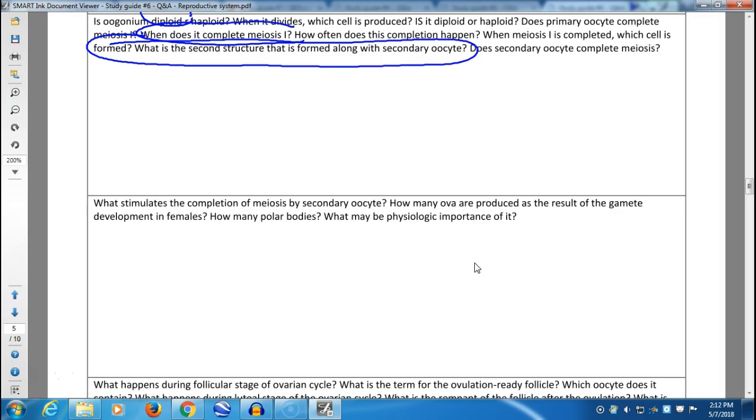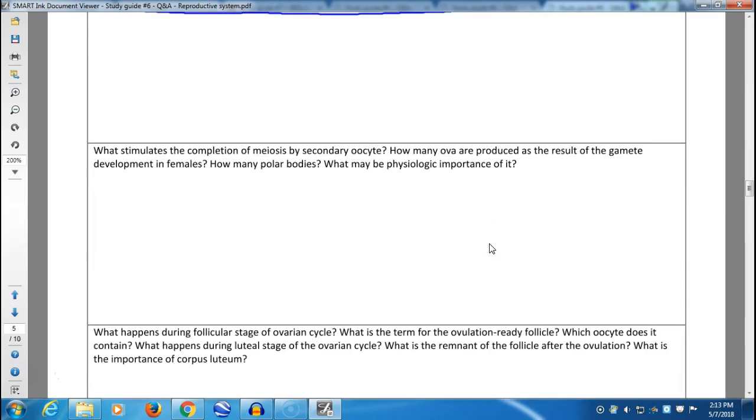Remember, we talked about that difference. Maybe the physiological importance of it: it's really hard to raise 4 babies and to carry 4 embryos and then 4 fetuses.